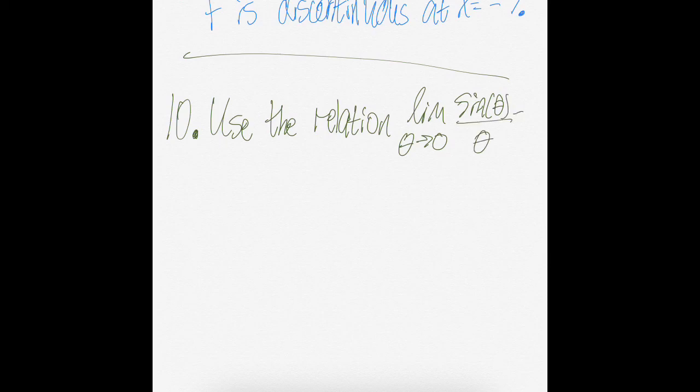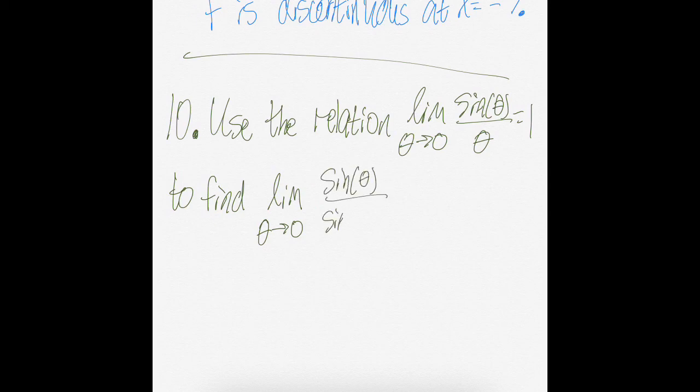In this problem, we are going to use the fact that the limit as theta approaches 0 of sine of theta over theta equals 1 to find another limit: the limit as theta goes to 0 of sine of theta over sine of 6 theta.